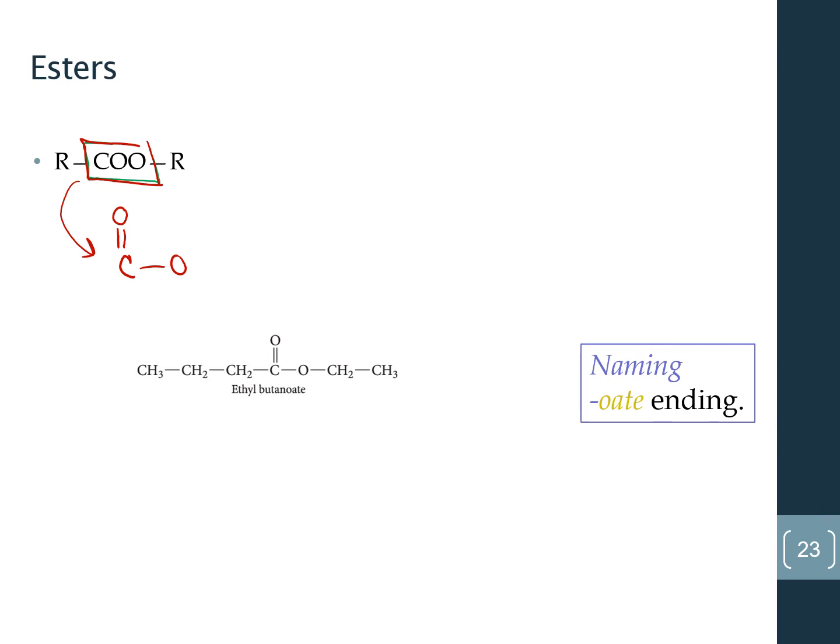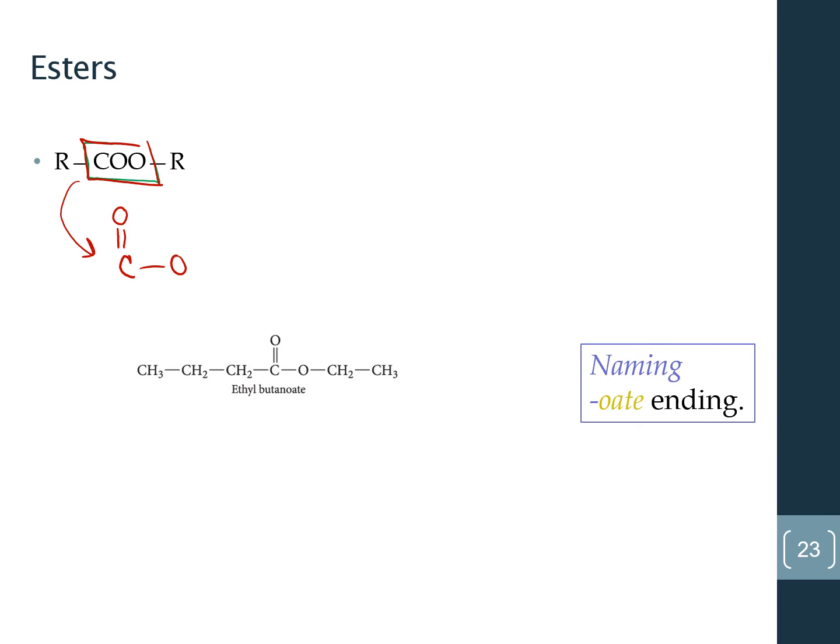For ketones, your carbonyl is bonded to carbon. For carboxylic acids, the carbonyl is bonded to OH. For esters, the carbonyl is bonded to oxygen, not OH. If you have OH bonded to a carbonyl, that's not an ester, that's a carboxylic acid.